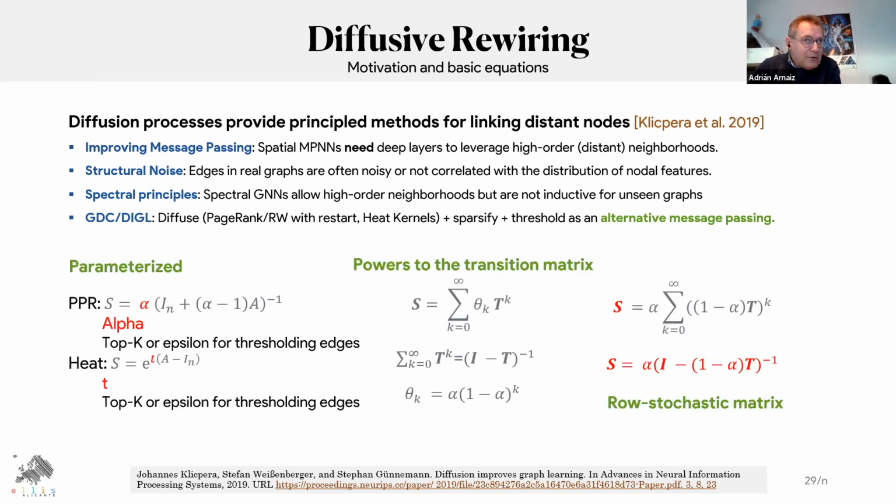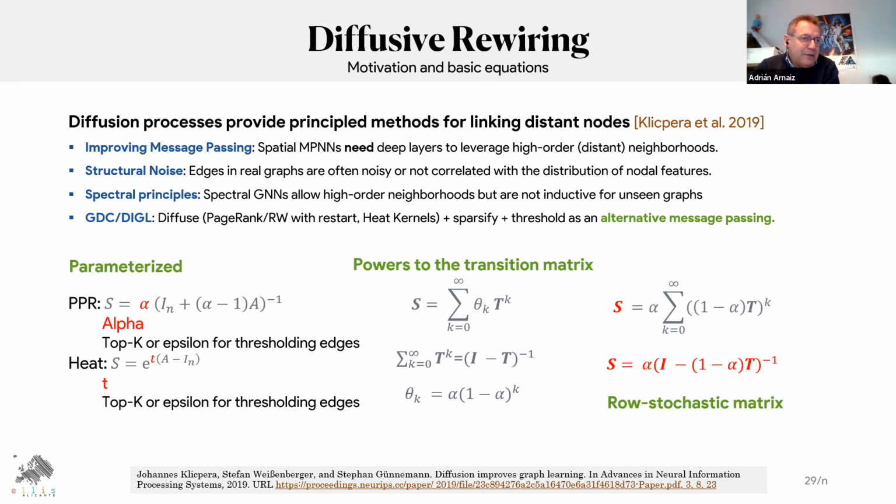There are 2 examples in this method, and all of them are parameterized. Personalized PageRank depends on the parameter alpha. What we do is recompute the diffusion matrix, and we have to learn the optimal alpha. After that, we threshold this matrix and recover the edges.